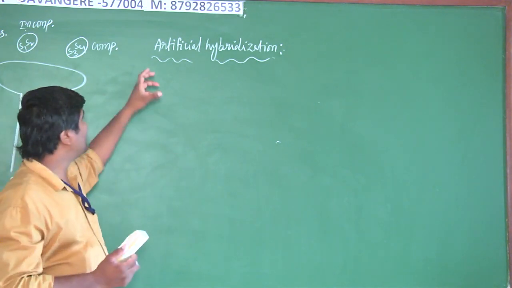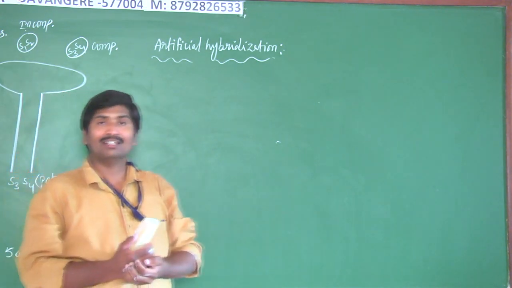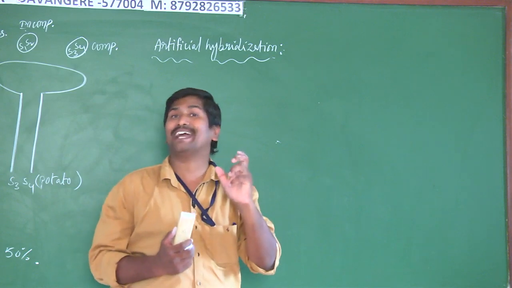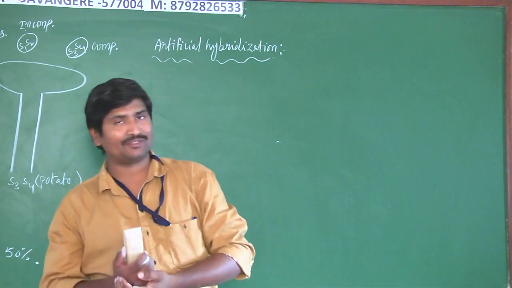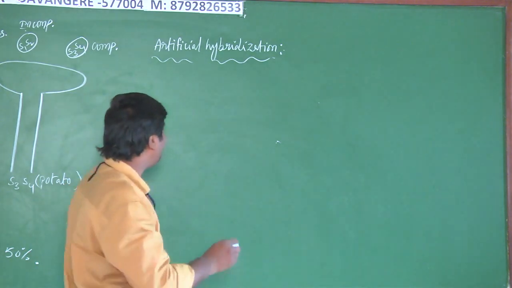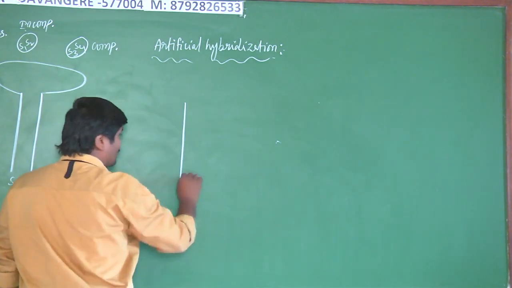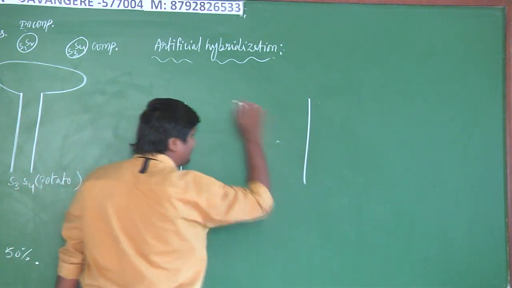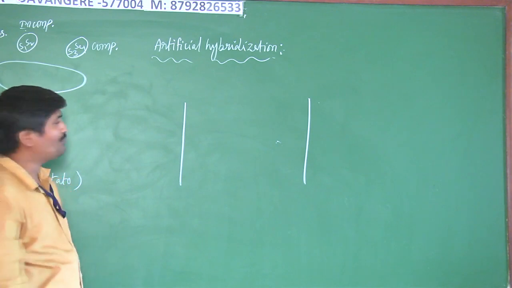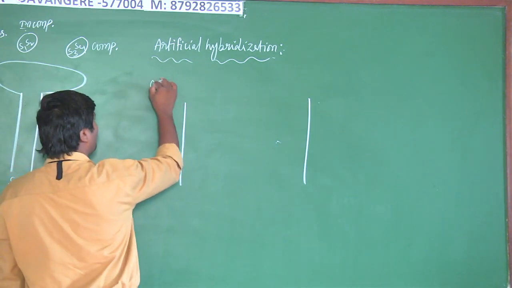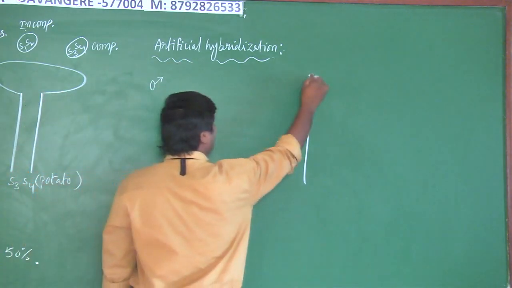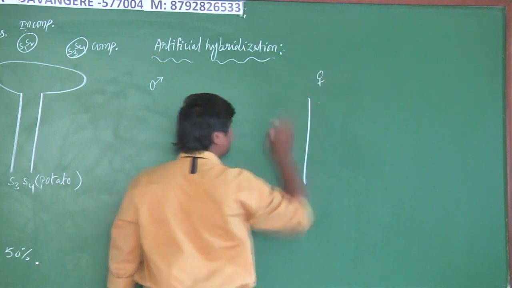So first of all, in artificial hybridization, select the desirable crop plants. For example, this is a male plant, this is a female plant.